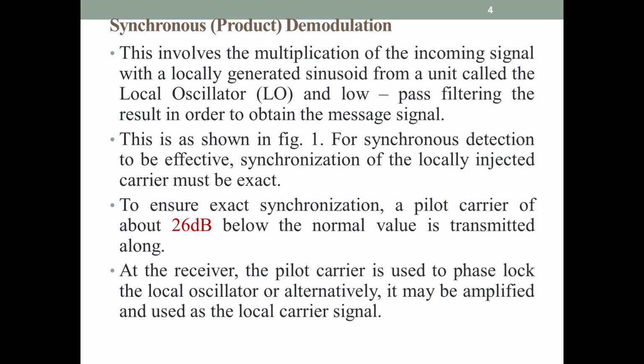To ensure exact synchronization, a pilot carrier of about 26 dB below the normal value is transmitted along. At the receiver, the pilot carrier is used to phase lock the local oscillator, or alternatively, it may be amplified and used as the local carrier signal.